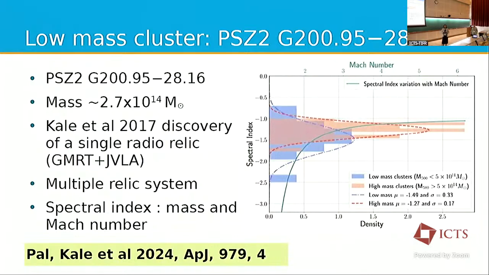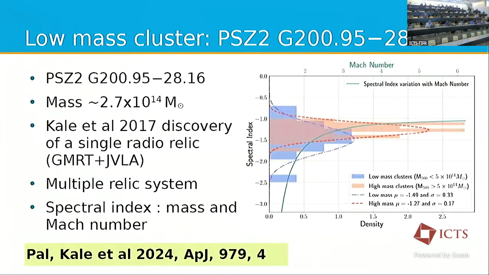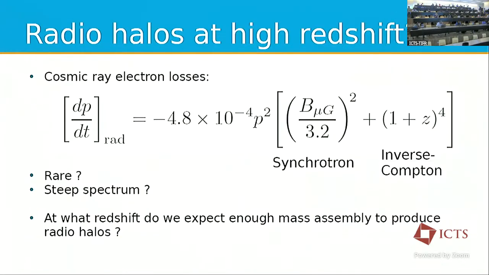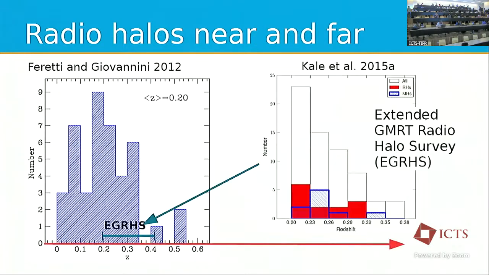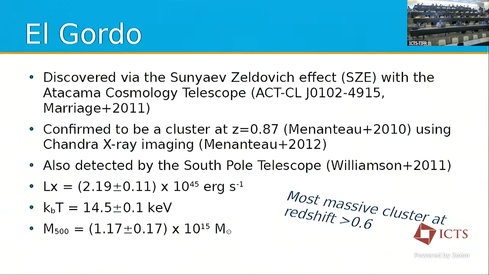Thank you. I have a quick related question. The histogram you showed about the number of detections had about 10 mega halos marked there. Is that correct? Sorry, these are all radio halos.